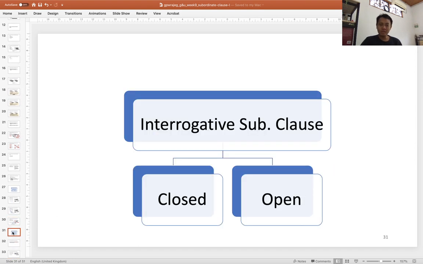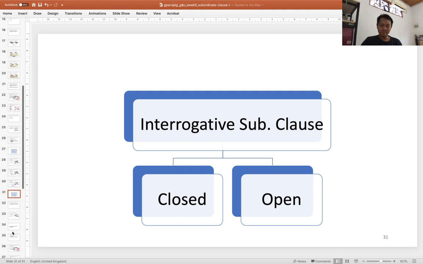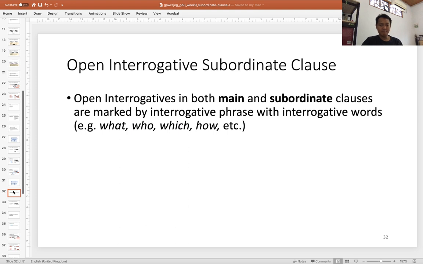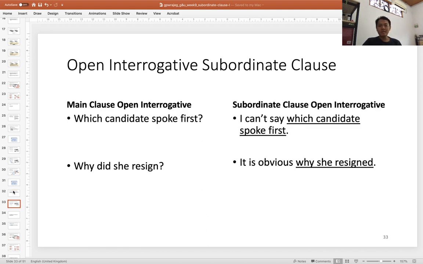Now we look at the open type of interrogative subordinate clause. Open is an open question, and it is marked by an interrogative phrase with interrogative words such as what, who, which, and so on. Here are some examples. "Which candidate spoke first?" That's an open question as a main clause.